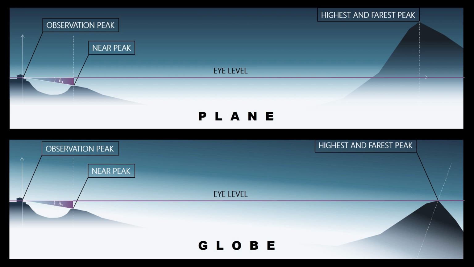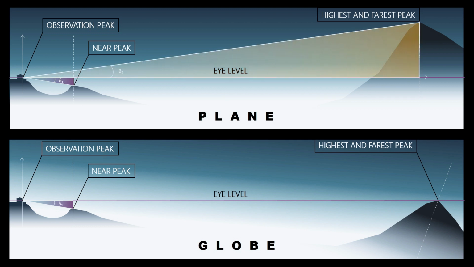Knowing this, you just have to check what happens with the distant peak in a real panorama, if it stays above it, or if it falls. In the plane, we have a positive delta 2 above eye level. But in the sphere, delta 2 is 0.